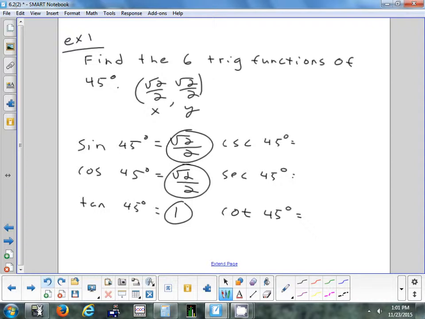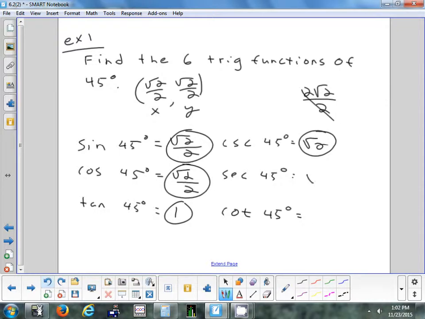Okay, what do we do with the 3 on the left to get the 3 on the right? Flip. Yeah, just flip them. Okay. When you flip root 2 over 2 and get the final answer, what is it? Square root of 2 over 2 flipped is 2 square roots of 2 over 2, and then the 2's cancel, and it's just the square root of 2.